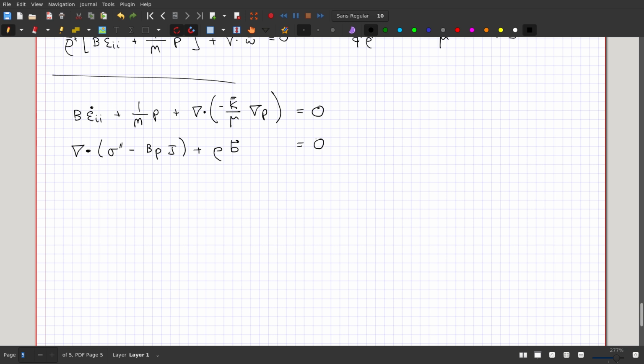And this is the equilibrium form, so we're ignoring the inertial terms. And this is exactly what we had before.